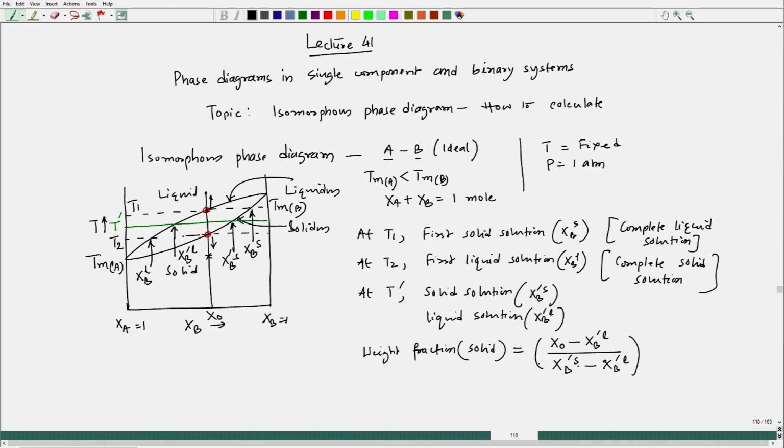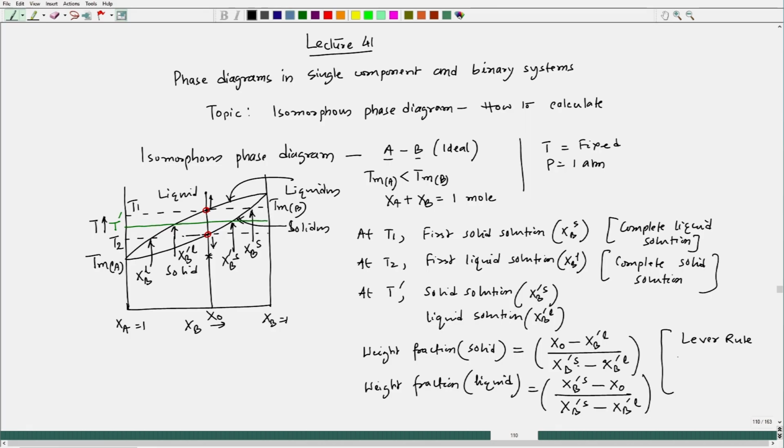This would be my solid solution weight fraction, and the weight fraction of liquid solution would be equal to XB prime solid minus X0 divided by XB prime solid minus XB prime liquid. So, these two weight fractions can be obtained from the lever rule. So, this is called the lever rule, and that is obtained from mass balance. Okay. We have done that also.